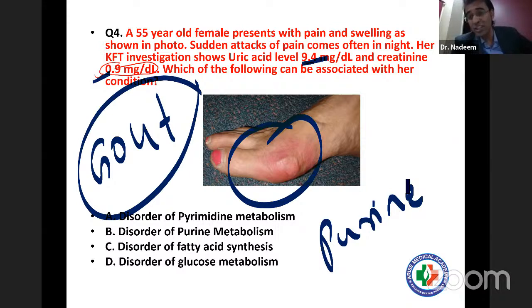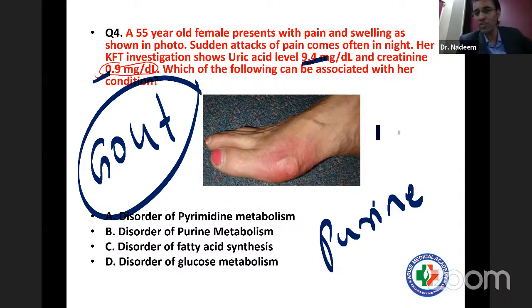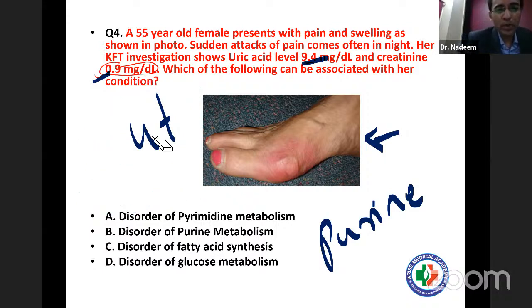Whenever there is catabolism of purine, there will be increased level of uric acid, hyperuricemia, which is going to cause gout. And this is a very, very famous picture: redness and swelling around the great toe, gout. So this is because of a disorder of purine metabolism.